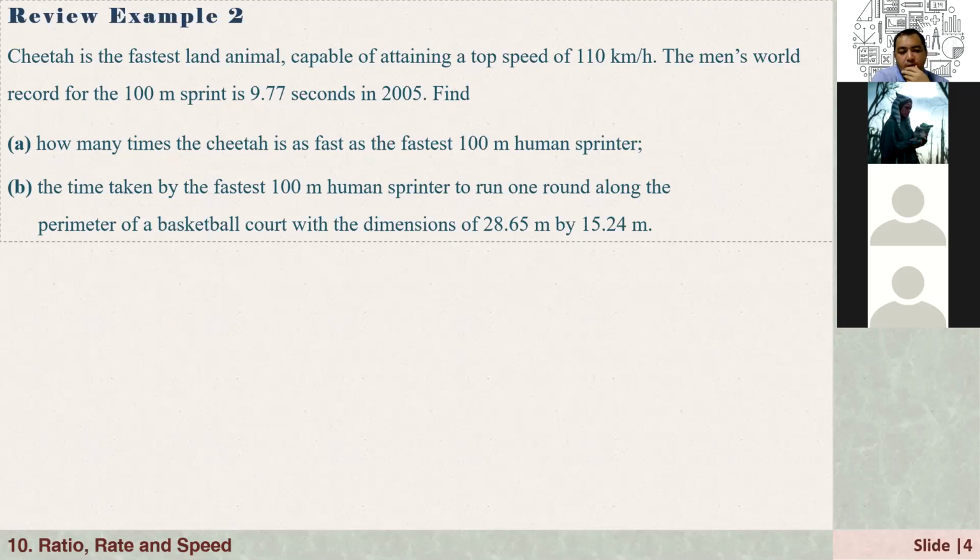Find A, how many times the cheetah is as fast as the fastest 100-meter human sprinter. B, the time taken by the fastest 100-meter human sprinter to run one round along the perimeter of a basketball court with the dimensions of 28.65 meters by 15.24 meters. İlknur, thank you very much.